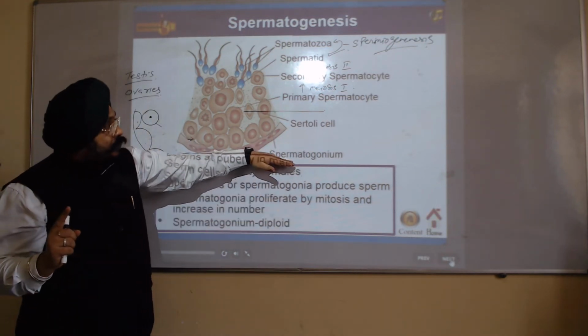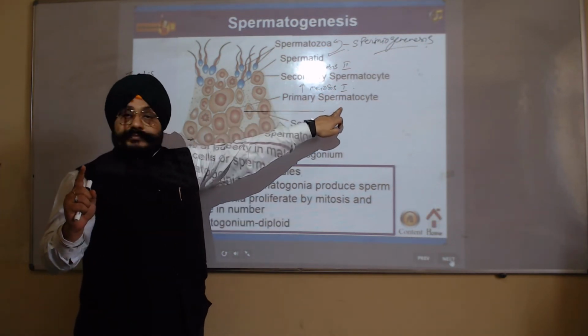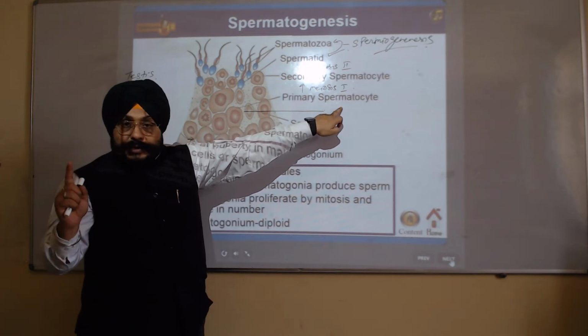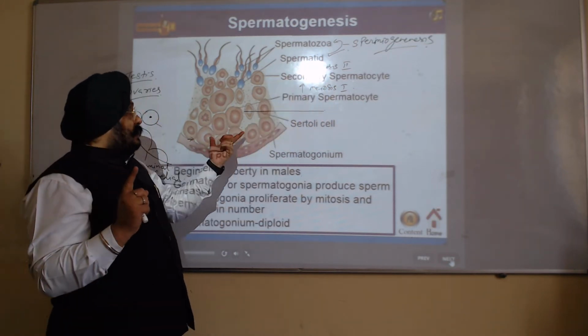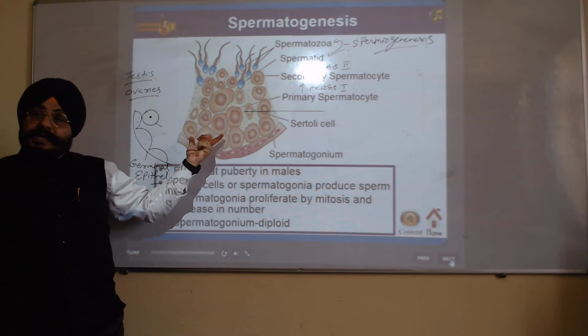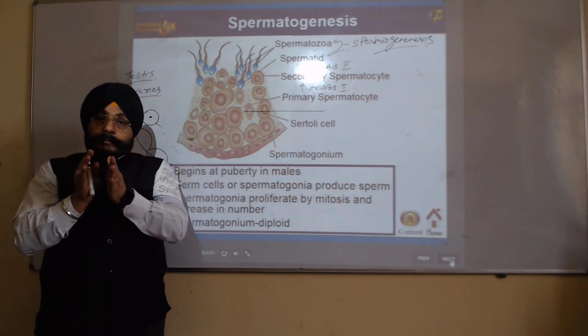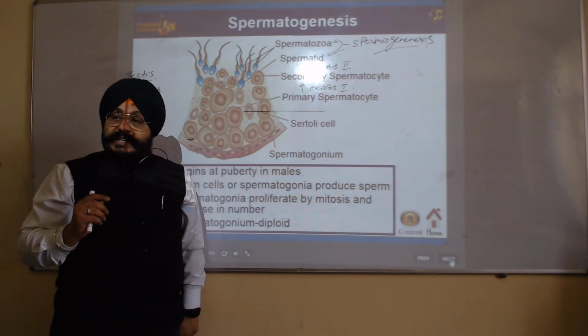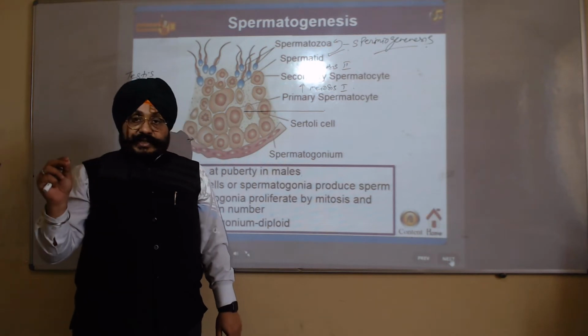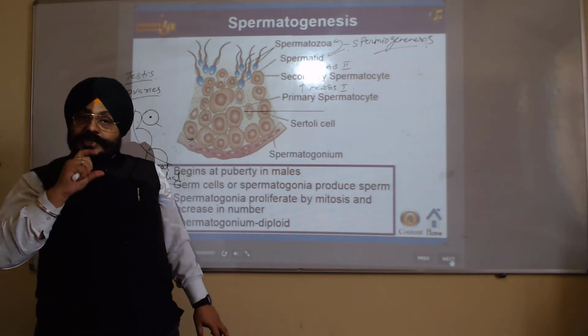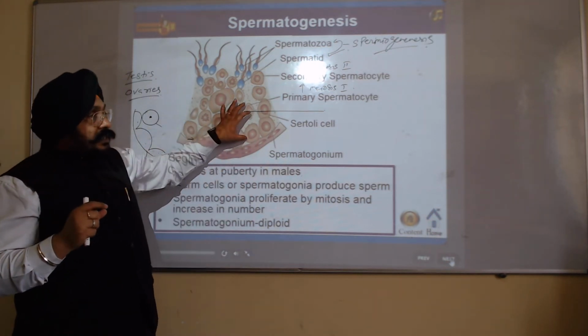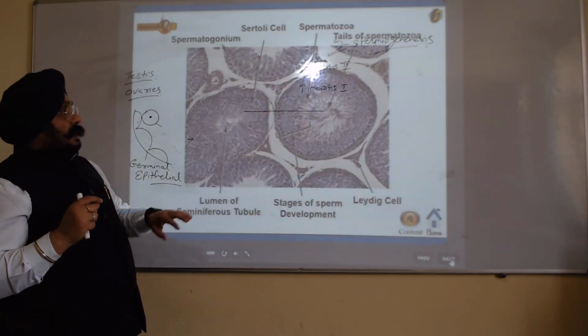These spermatogonia give rise to primary spermatocytes. This whole process takes place in a part known as the seminiferous tubules within the testis, whose structure we have already studied.